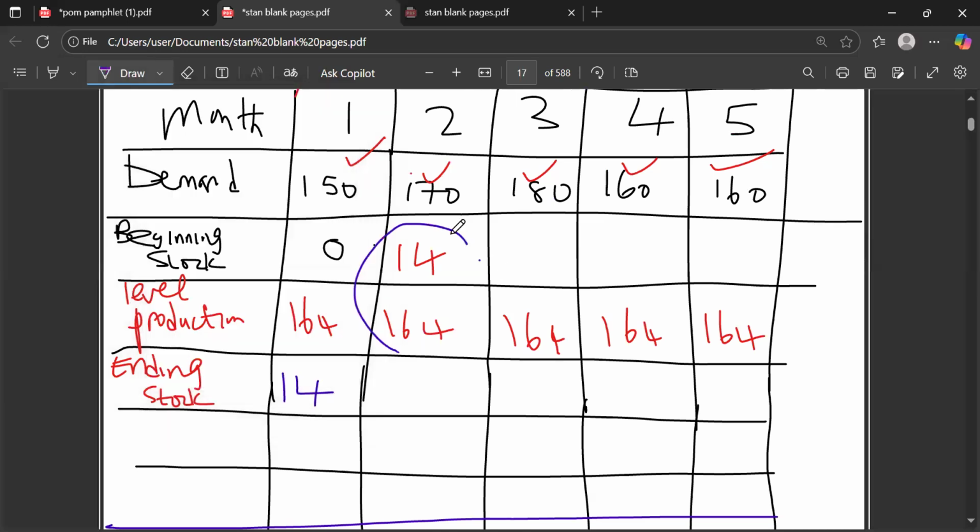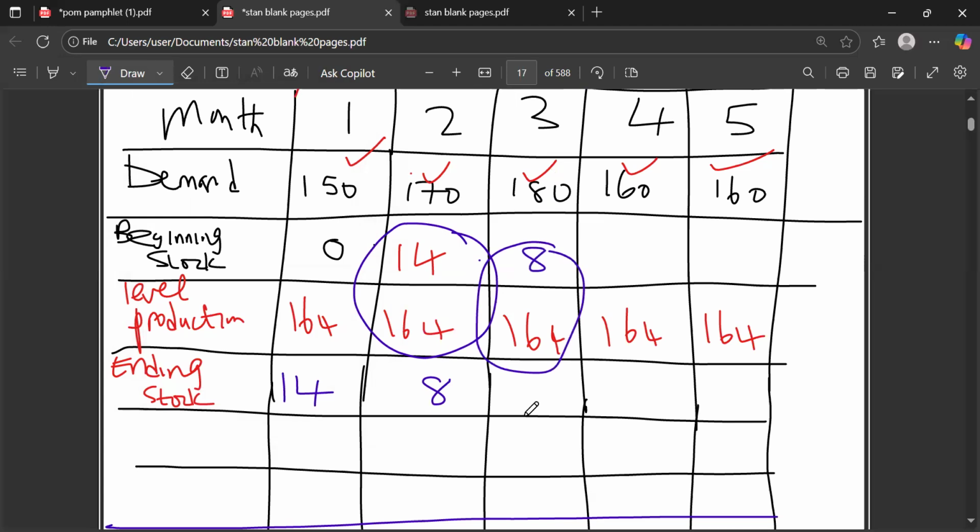14 plus 164. Beginning plus production minus demand. What is the answer? 14 plus 164, 178 minus demand. The answer is 8. Did you agree? Yes. So 8 comes here. 8 plus 164 is what?